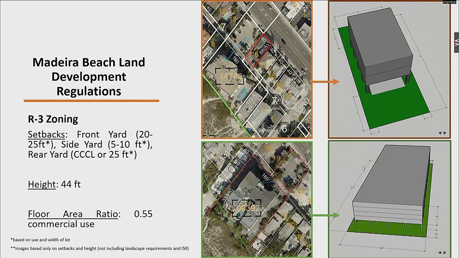So the diagram on the right does not necessarily indicate what the houses all look like. Do you have a sense of what percentage of the houses there actually conform already to these, or what percentage don't align with that? So we do have, and we don't have it in this presentation, but we've shown it in other presentations, Andrew's done a really great job at going through each property and looking at the intensities and densities and seeing what's conforming and what is not conforming.